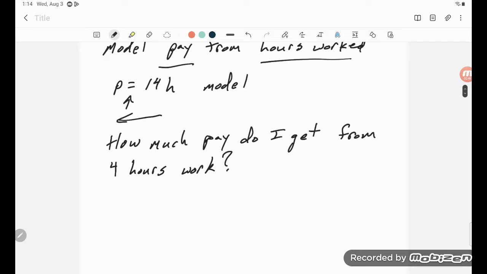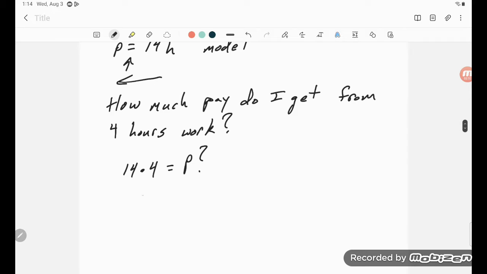And I could say, well, this is an equation because I can set this up, 4 hours work, so that's 14 times 4, and that's equal to how much pay. And now I'm thinking of it as an equation. And it's a pretty simple equation to solve. In this case, P is just equal to the 4 times 14, or 56. And that'd be dollars, I guess, in this case. So there was an equation.